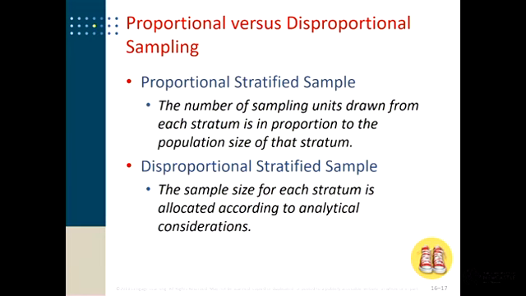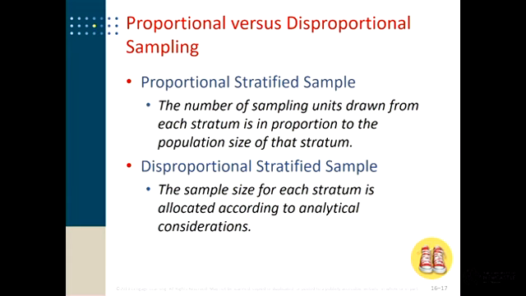So the point I'm trying to say is that it's not necessary that when you go for stratified sampling, the proportion of each stratum is always consistent with that of the population. It actually depends sometimes on your research objective and sometimes on your convenience.